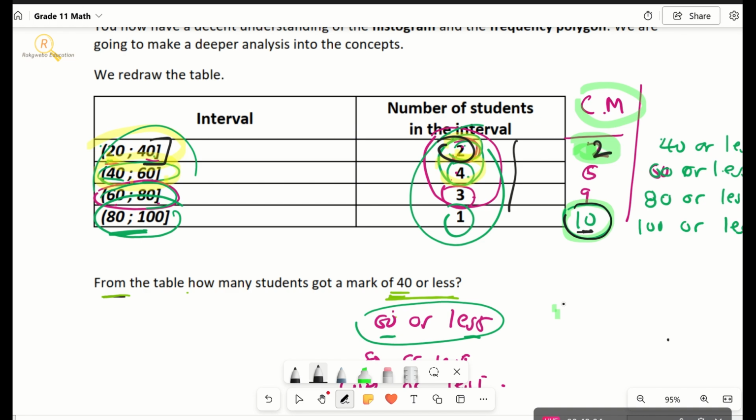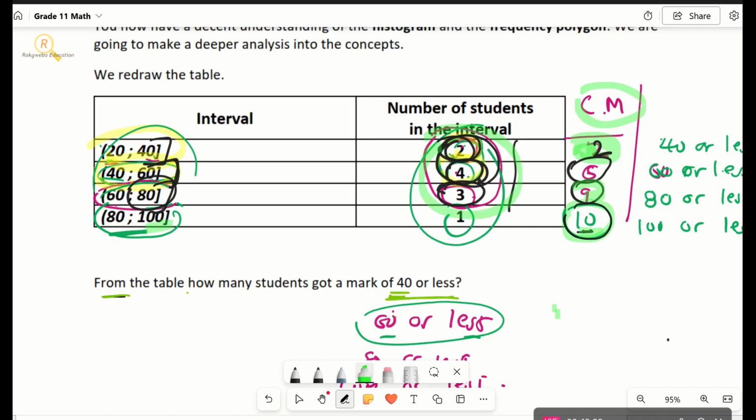Then the number of learners that got 60 or less includes the learners in this interval plus the one lower, so you add these two numbers and get 6. Next, the number of learners that got 80 or less includes this interval and the intervals below, so you add everything and get 9. Do the same for the last one, and you get 10.